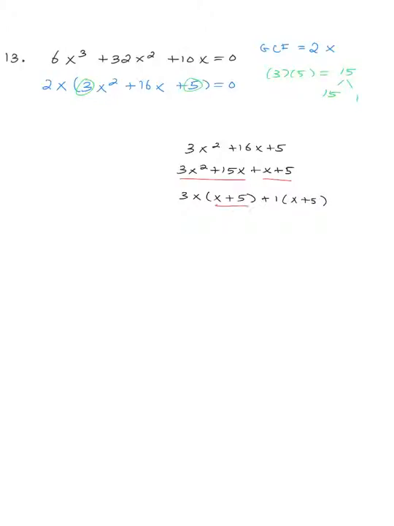Now removing the x plus 5 gives me x plus 5 times 3x plus 1. This is equivalent to this, so I'm just going to place this here. My equation is really 2x times x plus 5 times 3x plus 1.